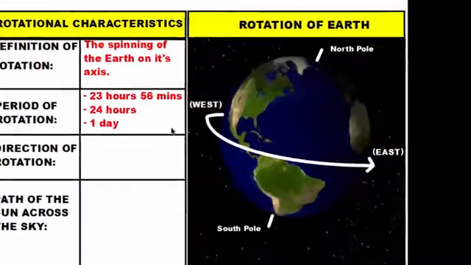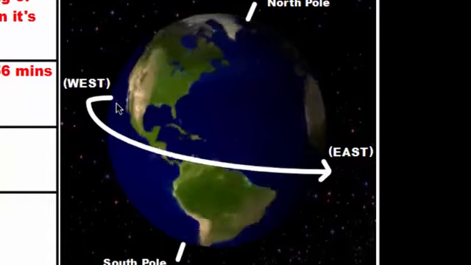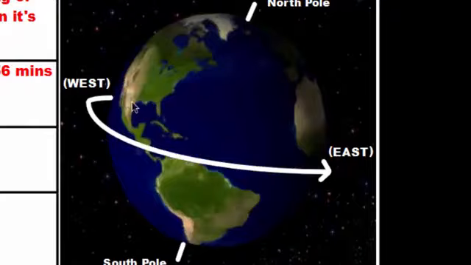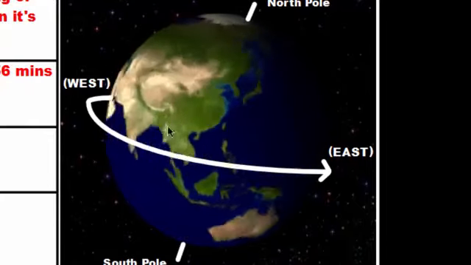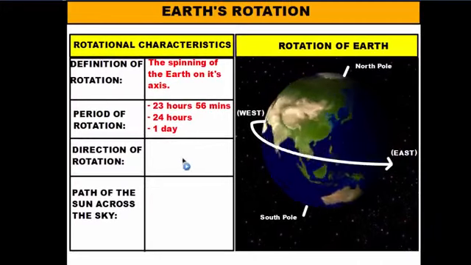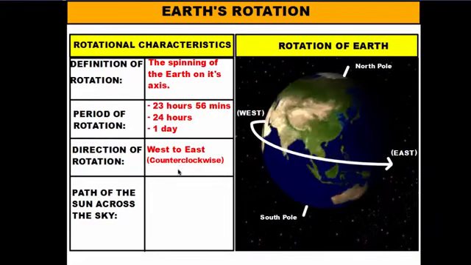If you take a look at this diagram here, or this animation rather, you'll notice that the Earth spins in a particular direction, and you'll also notice that the land masses start from the west and go east, west and go east, west and go east. So you could probably tell that the direction of the rotation is from west to east.